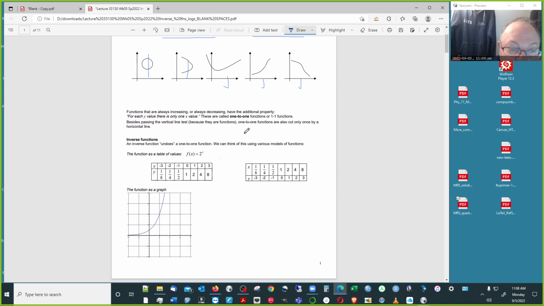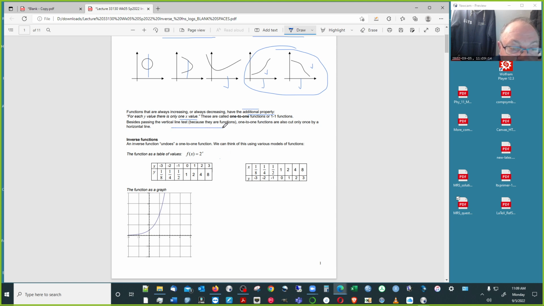Increasing and decreasing have an additional property. For each y value there's only one value of x. Always increasing and always decreasing, so that's not an example, but that one is. Okay, it's always increasing. This one's also decreasing, so these two have an additional property that they're one-to-one.